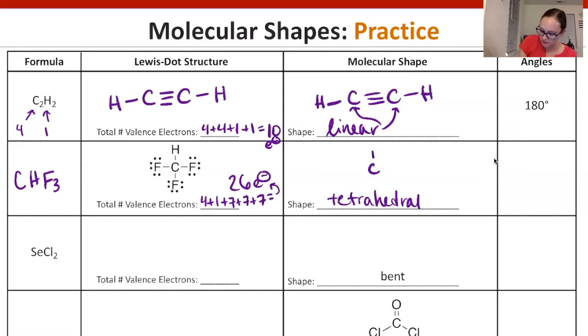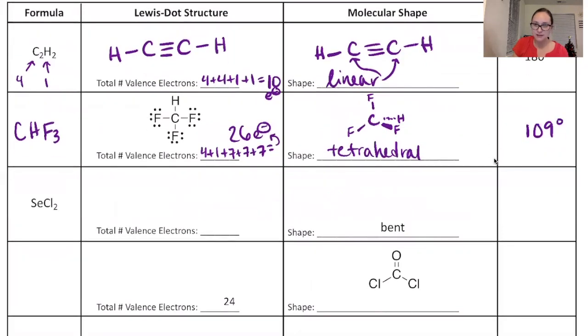I'm going to draw my carbon with my 4 groups around it in my tetrahedral shape, and then we have our 3 fluorines and 1 hydrogen. It doesn't matter exactly where each one of these atoms are. If the hydrogen's in a different place, that is still correct. And our angle for a tetrahedron is 109 degrees.